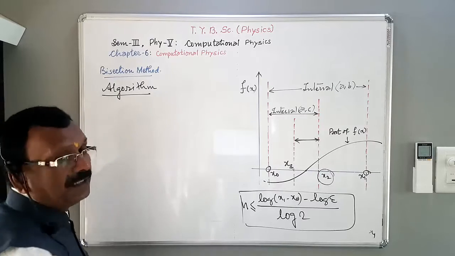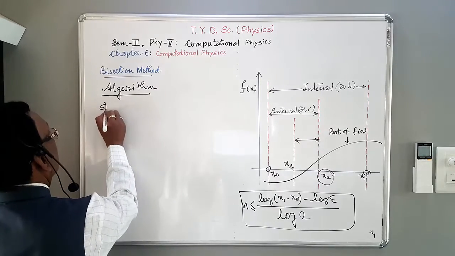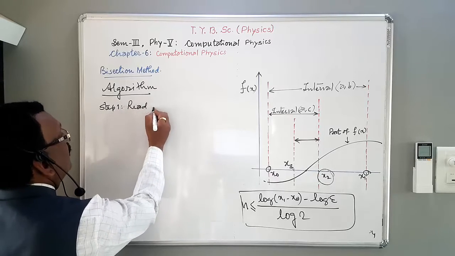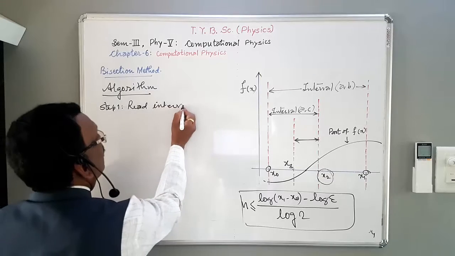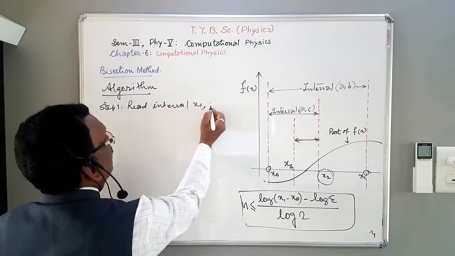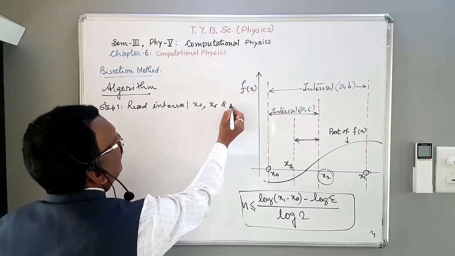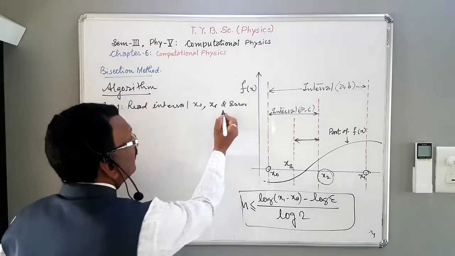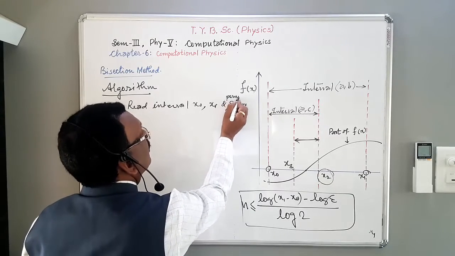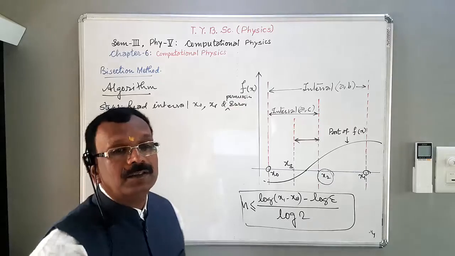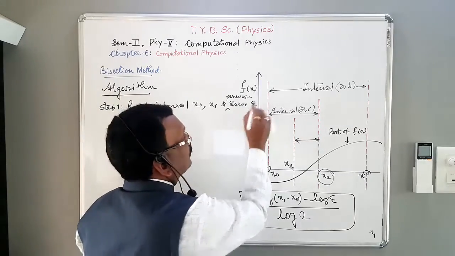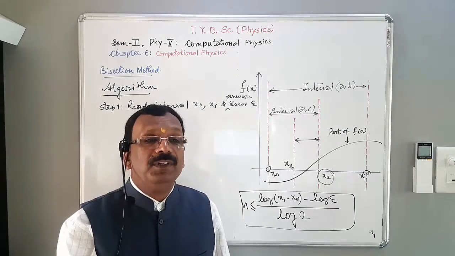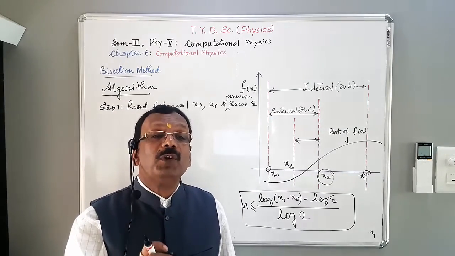So in the algorithm, the first step is to read the interval x0, x1 and the error. Error means the permissible error, say epsilon.